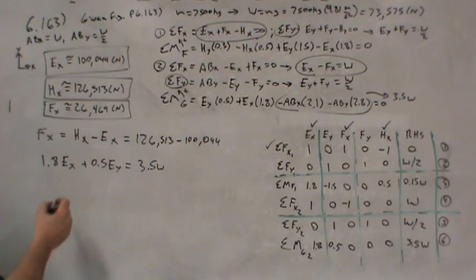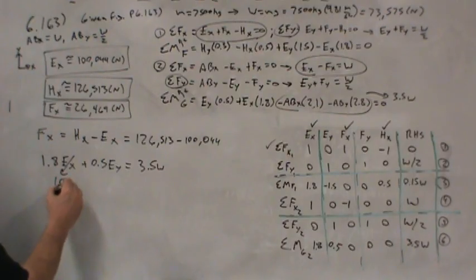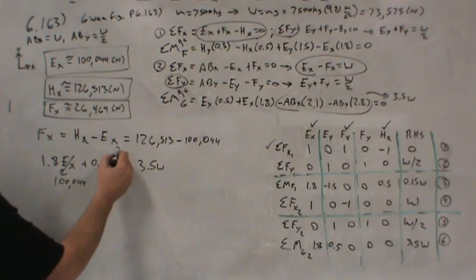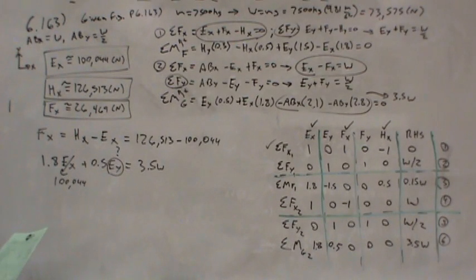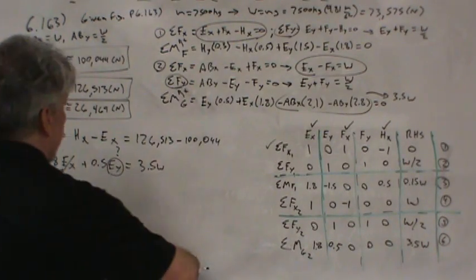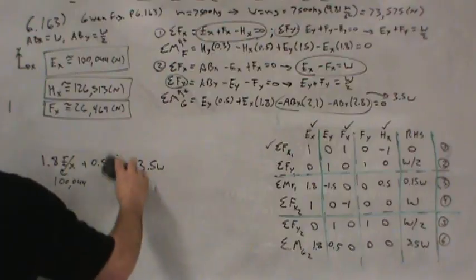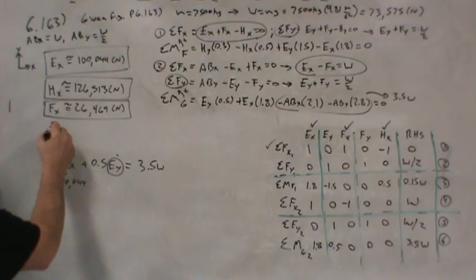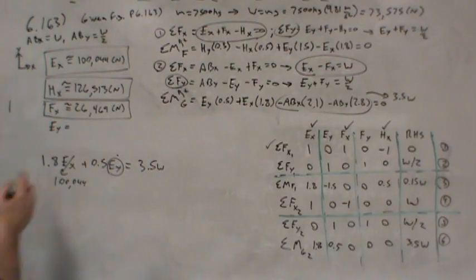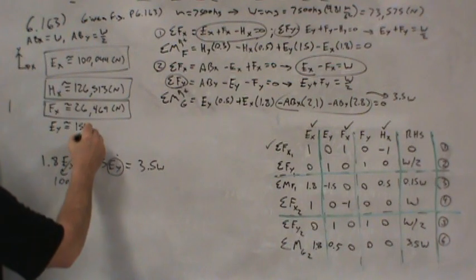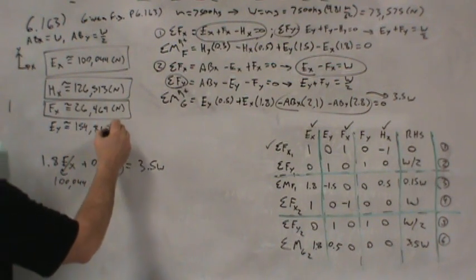So I can plug in Ex at 100,044 and solve for the unknown Ey. I'll leave it to you to figure out those details. But when I did this, I came up with Ey equal to about 154,867 newtons.